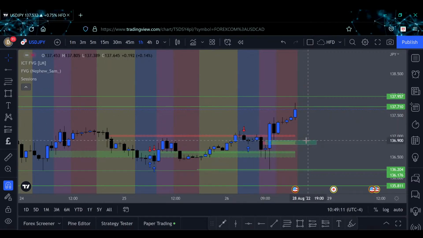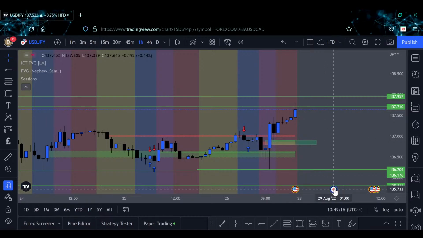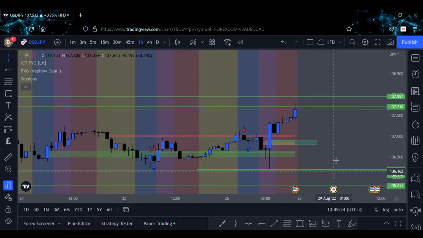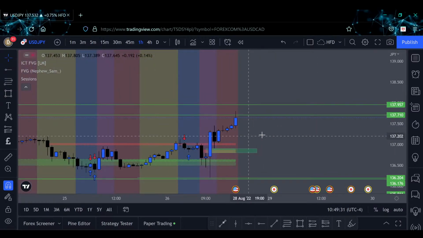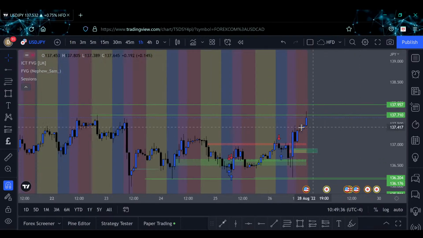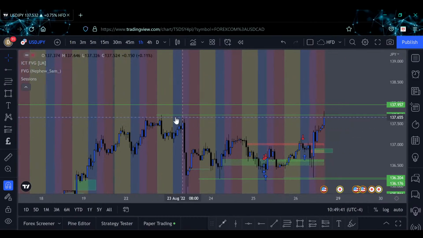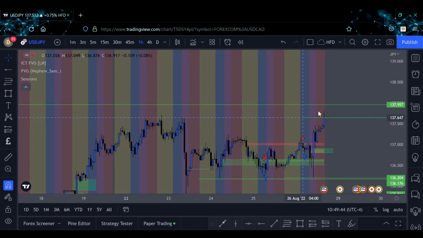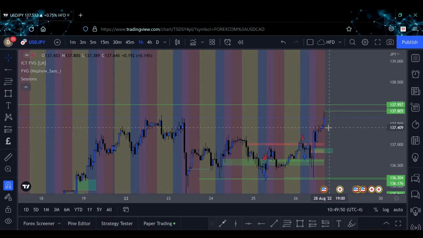FVG here, a fair value gap. Some news at 1 AM. This would be Asian session starting. So it might push up and take the other level. So I would be here now. 137.805.